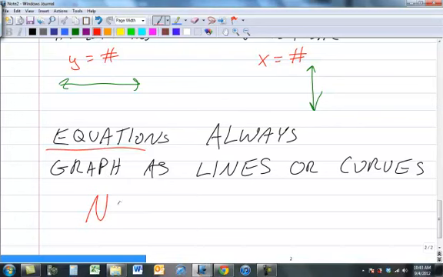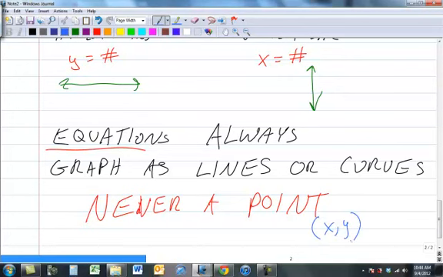Equations are never a point. The reason why I put this here is because x equals a number. A common mistake is that people like to just plot a point. Points are always going to be ordered pairs, x, comma, y. They're never going to be an equation. An equation is always going to be a line or a curve.